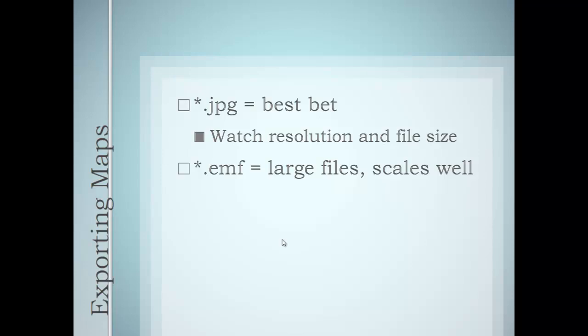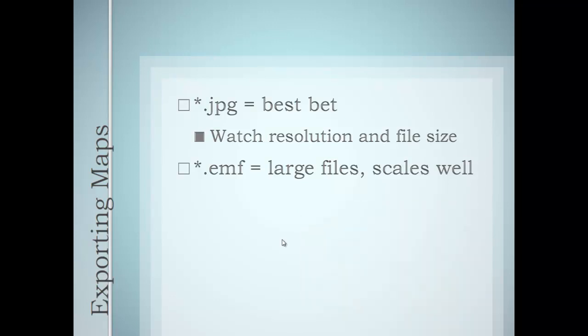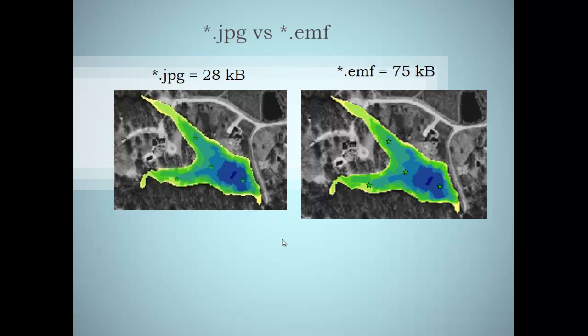The other option that's good to use is called an EMF, which is an enhanced metafile, another type of image document. The difference here is that the EMF files are very large, much larger than JPEGs, but they scale well. Let me give you an example. Here are two images of the same map.